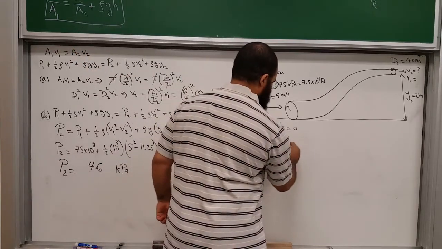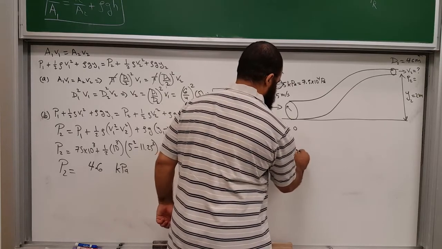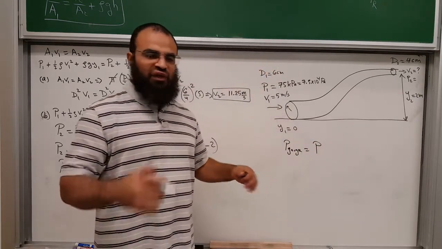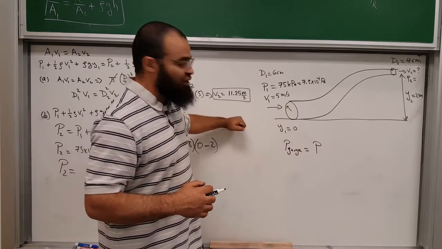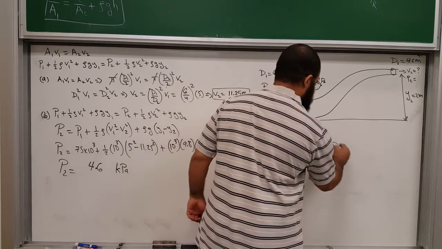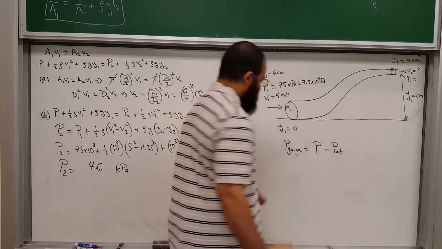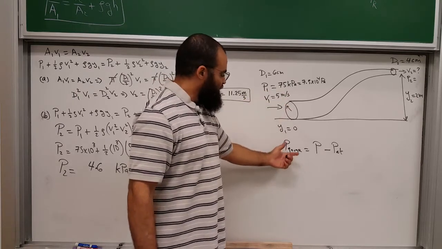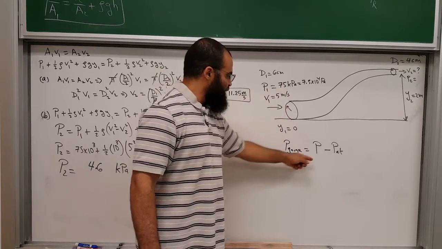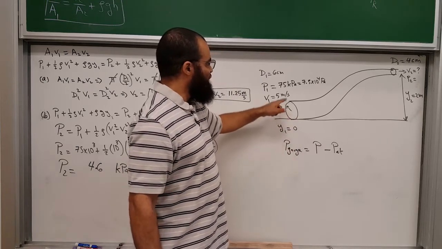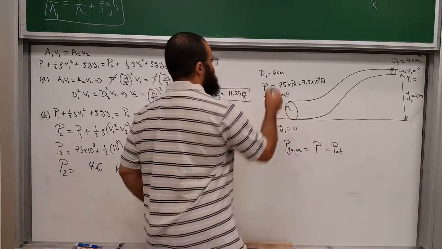So P gauge will be whatever your pressure is, the absolute pressure, basically how hard the molecules are hitting one another, minus P atmospheric. So in our case, they say the gauge pressure is 75 kilopascals, but the absolute pressure will be, if you move the atmospheric pressure to this side, you will get, atmospheric pressure is what?